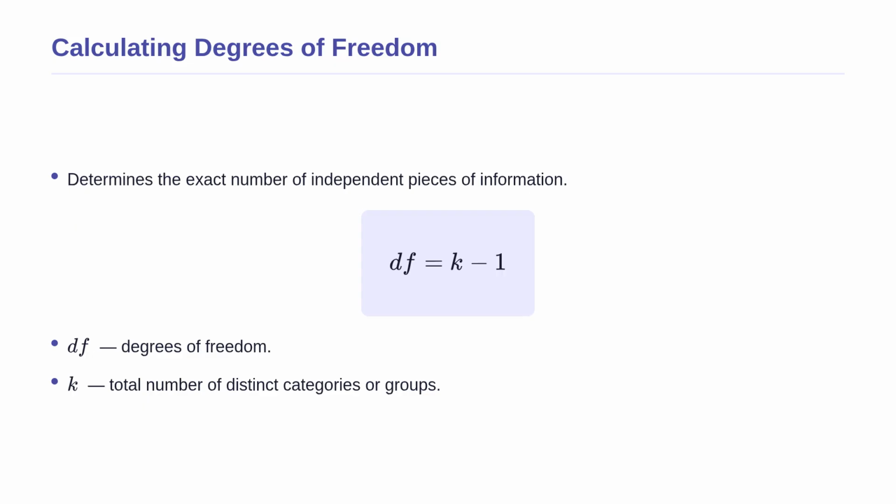By subtracting 1 from the total number of categories, we find the exact number of independent pieces of information that went into calculating our statistic. As the number of categories increases, the degrees of freedom also increases. This physically changes the shape of the distribution curve we use to judge our final score. It is a small formula, but absolutely essential for finding our p-value and making a valid scientific conclusion.